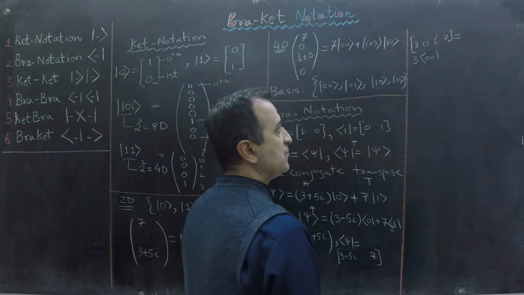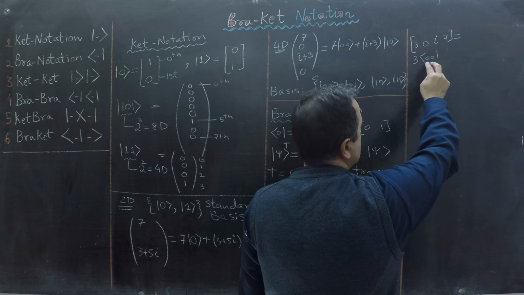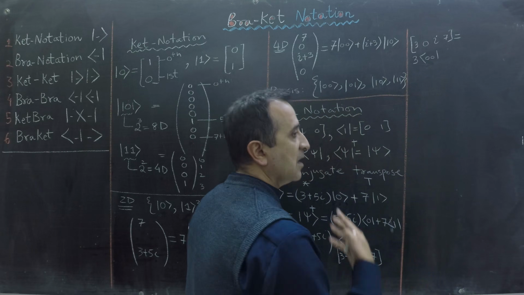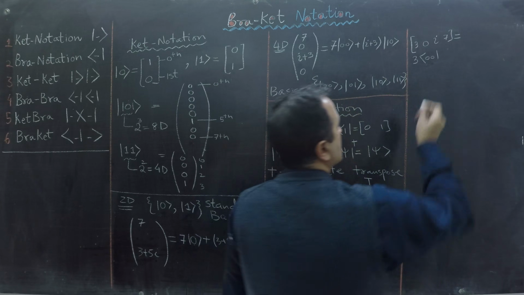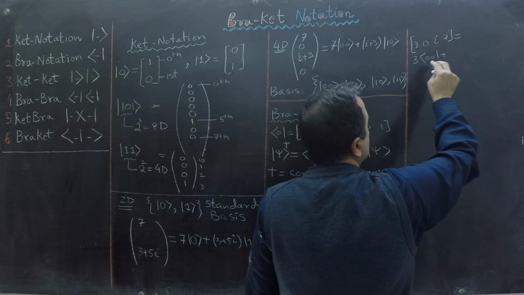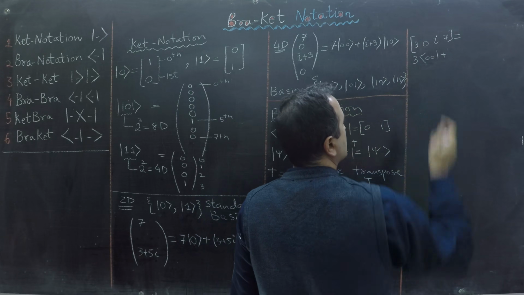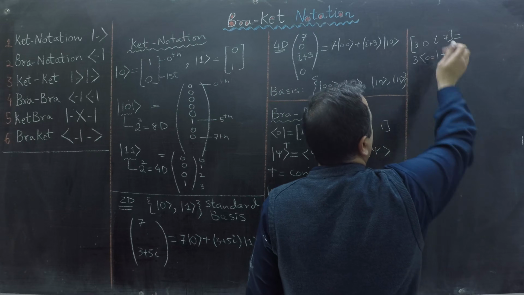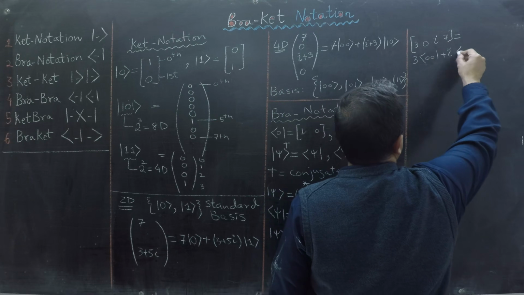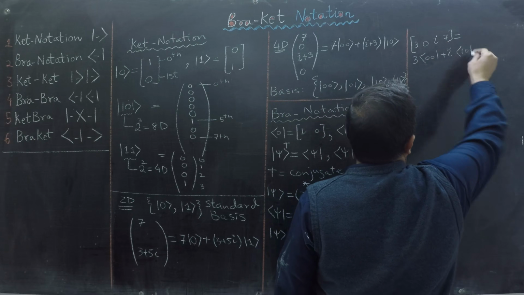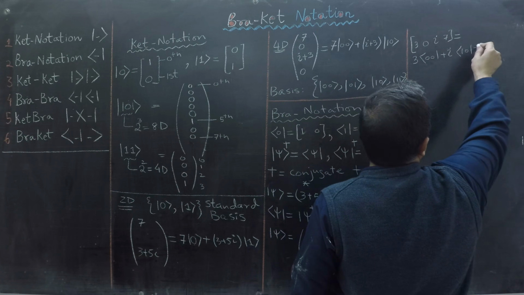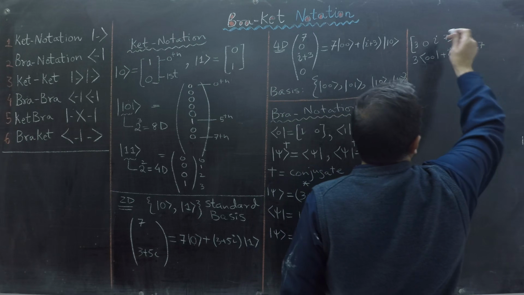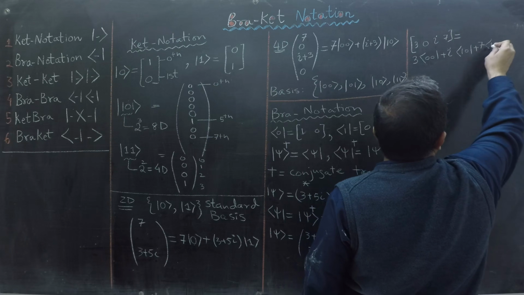The reason I have used 2 binary digits here is because it was a 4-dimensional vector. And the 0,0 represents the 0th location of this vector. Iota, and because iota is on the 2nd location, I will write 1,0. Finally 7, which is on the 3rd location, I will write 1,1.